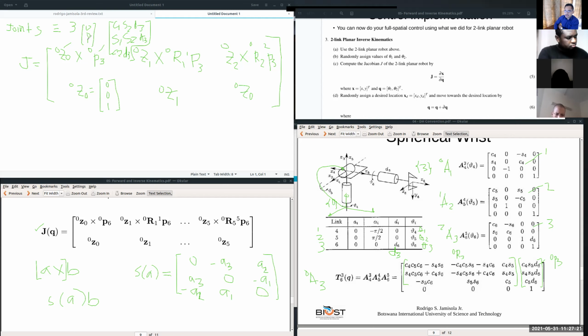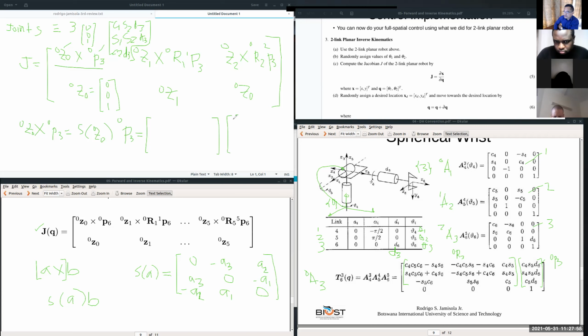So this is now your S. To do this, 0Z0 cross multiply 0P3 will be equal to the skew symmetric matrix S, where your input is 0Z0, multiplied by 0P3. The output of S is a matrix, so now we can put the matrix here, multiplied by 0P3.